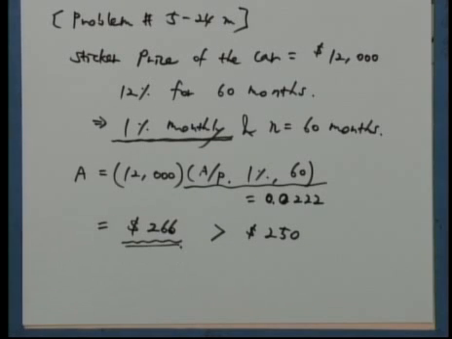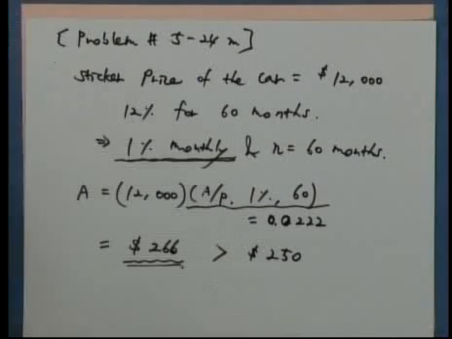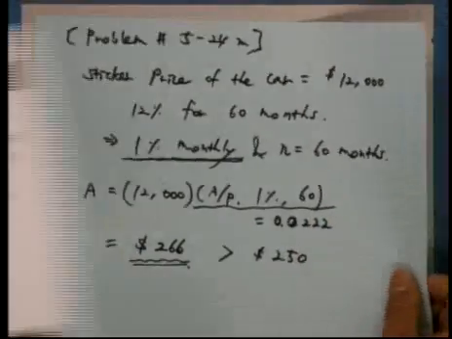So she cannot afford the new car. That's the answer for problem 5-24M. Unfortunately. Okay, then what about the next problem?